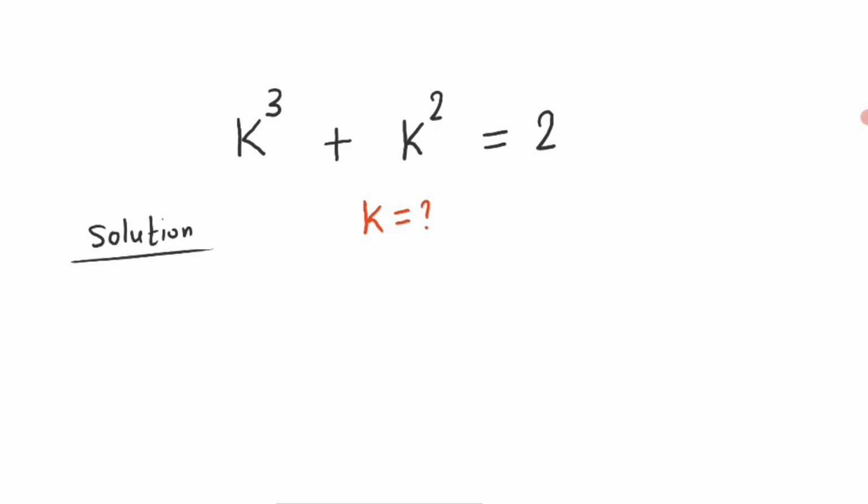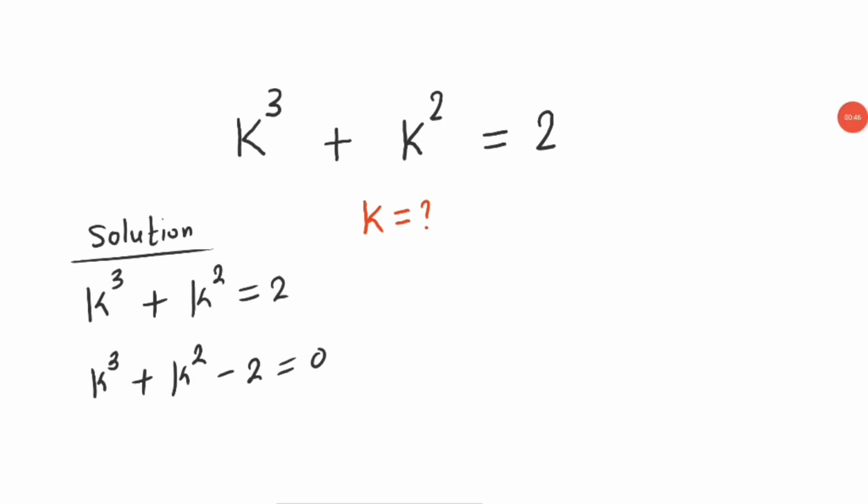Here we have the given equation k raised to power 3 plus k square is equal to 2. This is k raised to power 3 plus k square minus 2 is equal to 0.